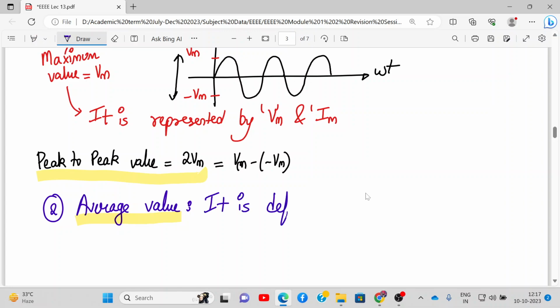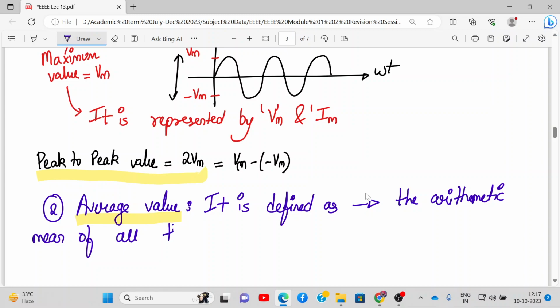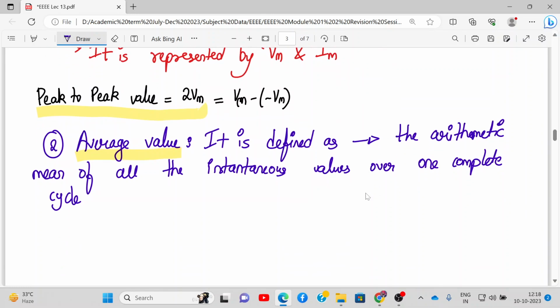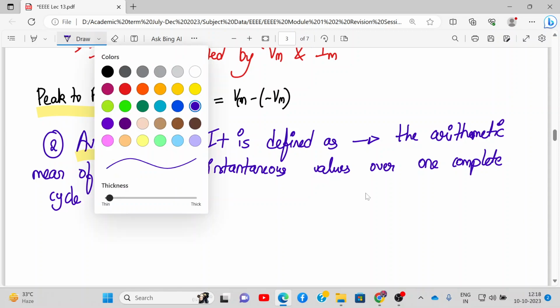It is defined as the arithmetic mean of all the instantaneous values of the AC quantity over one complete cycle. All right, so let's take an example and explain.